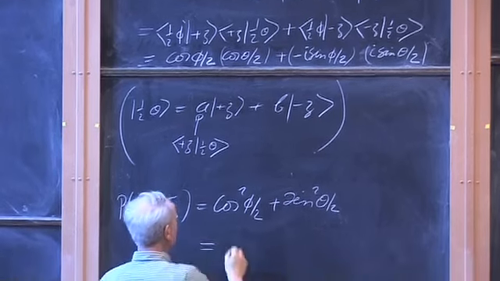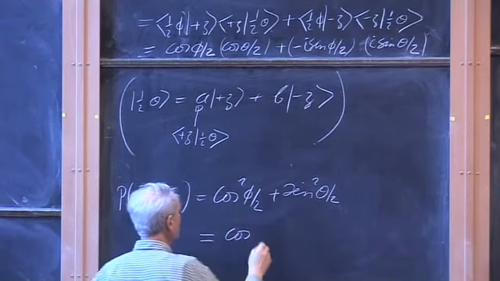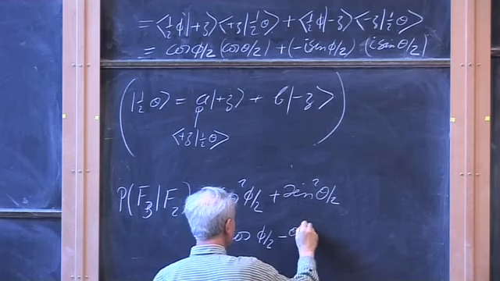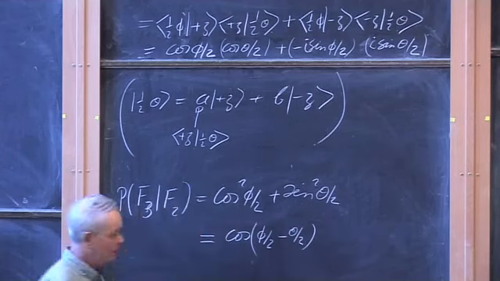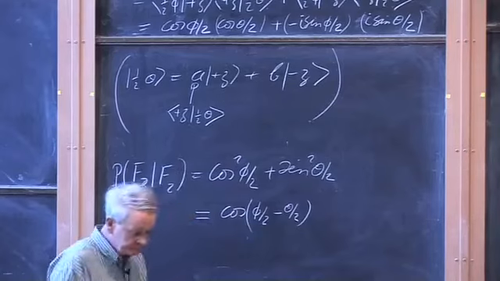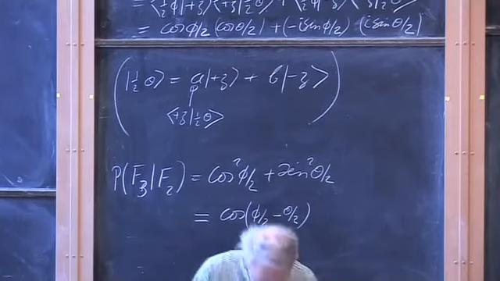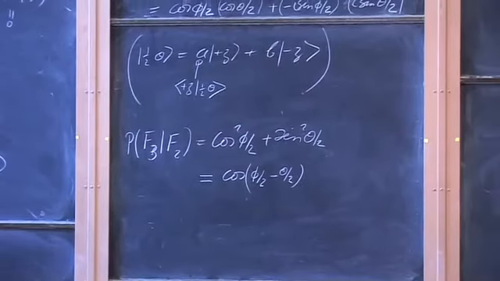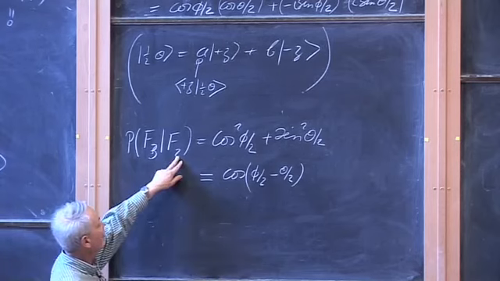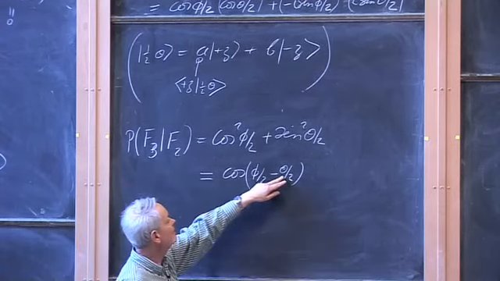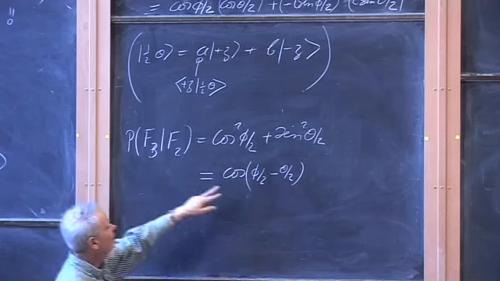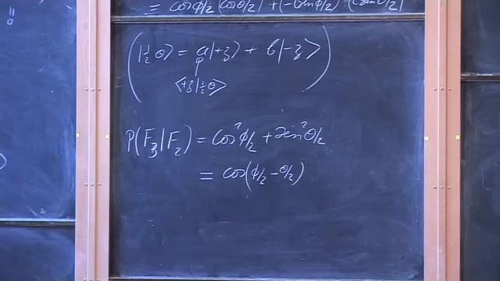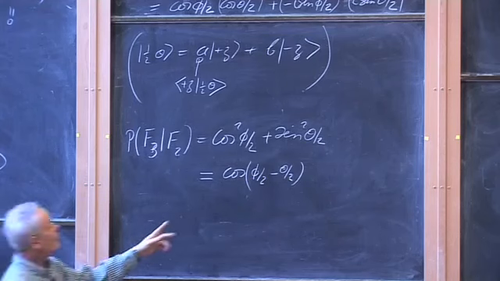Which is also known as cos phi over 2 minus theta over 2, I think, by trig formulae. So does this make sense? It tells me that if phi is the same as theta, I'm certain to get through. That's good. If the difference in the angles is pi upon 2, then I have a chance.